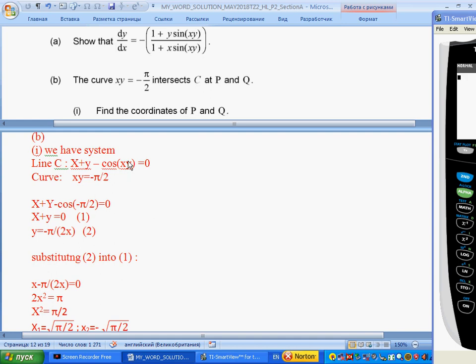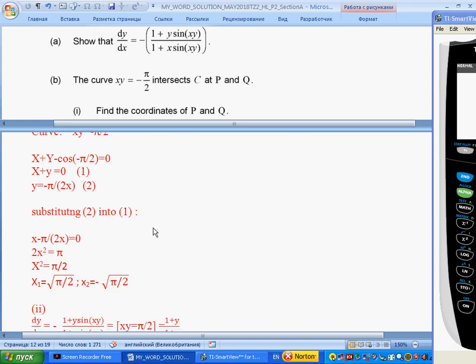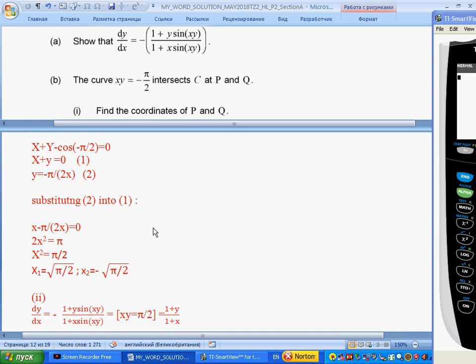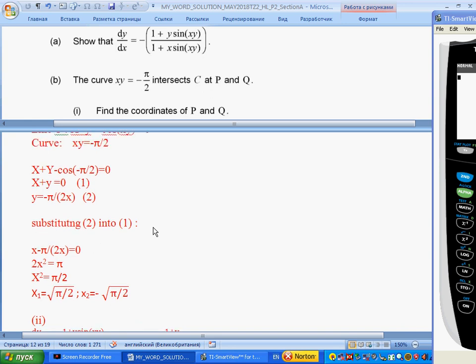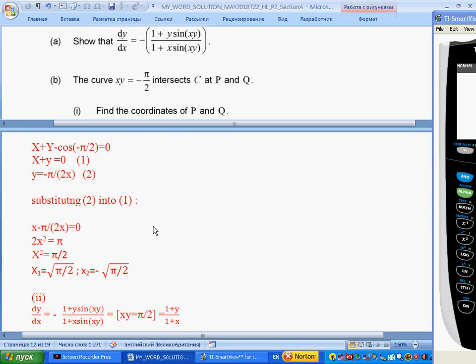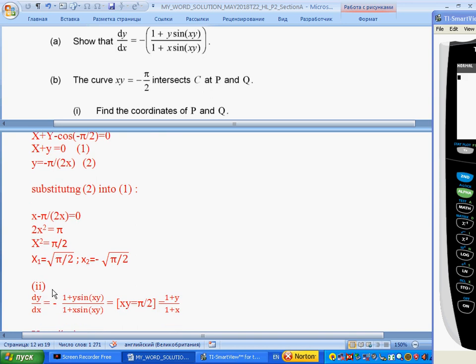We simplify the first function by putting xy equals minus pi over 2, and we get the following solutions. x1 equals square root of pi over 2, x2 equals minus square root of pi over 2.